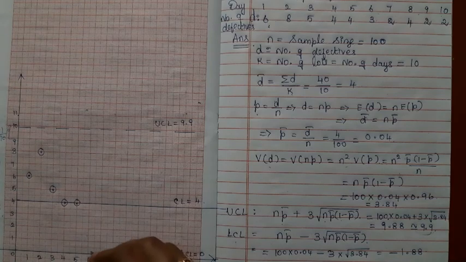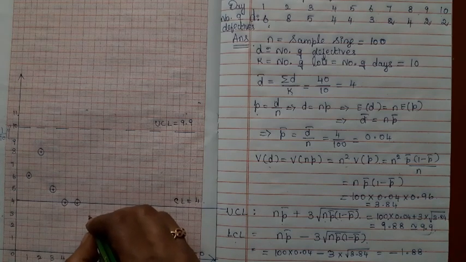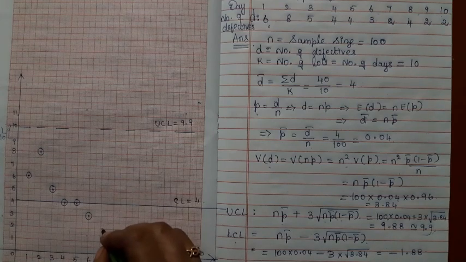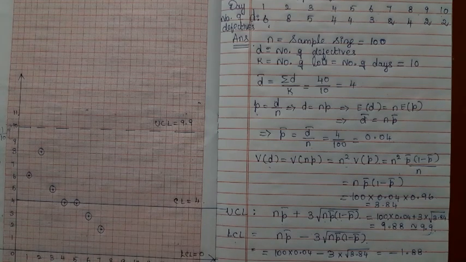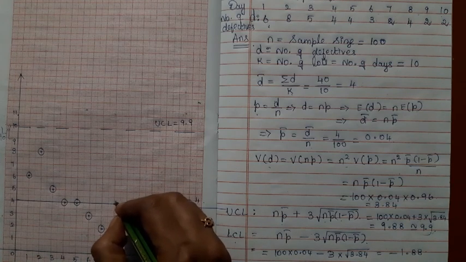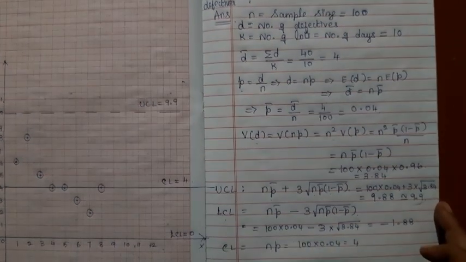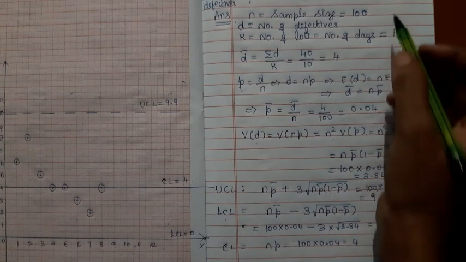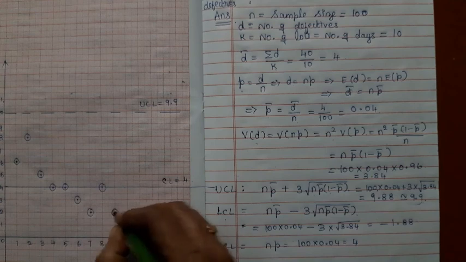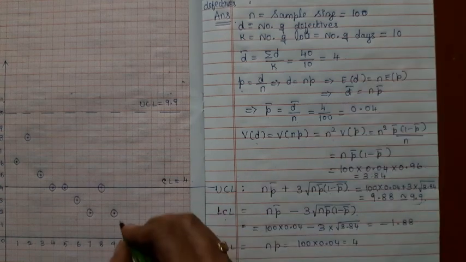For the sixth one, it is 3. For the seventh one, it is 2. For the eighth one, it is 4. Right? For the ninth one, it is 2. For the 10th one, it is 2.